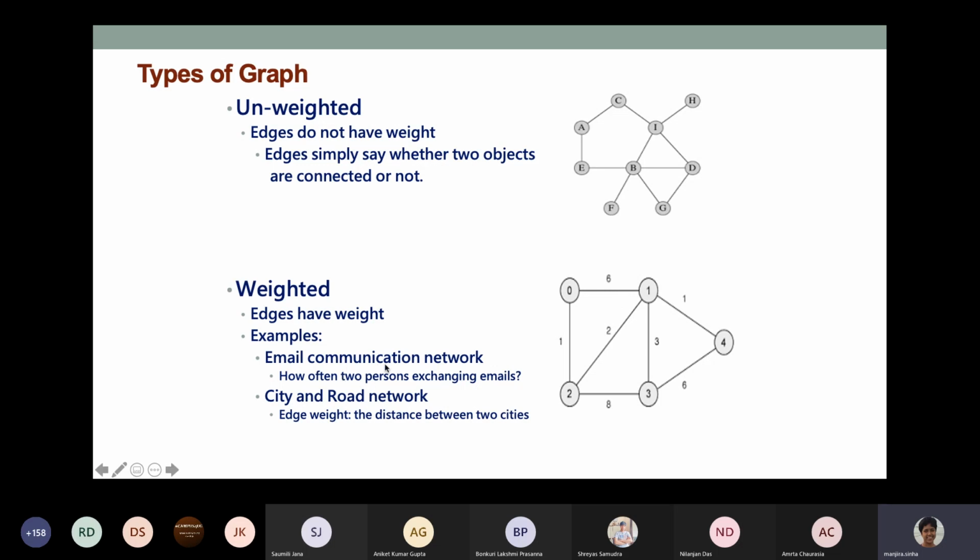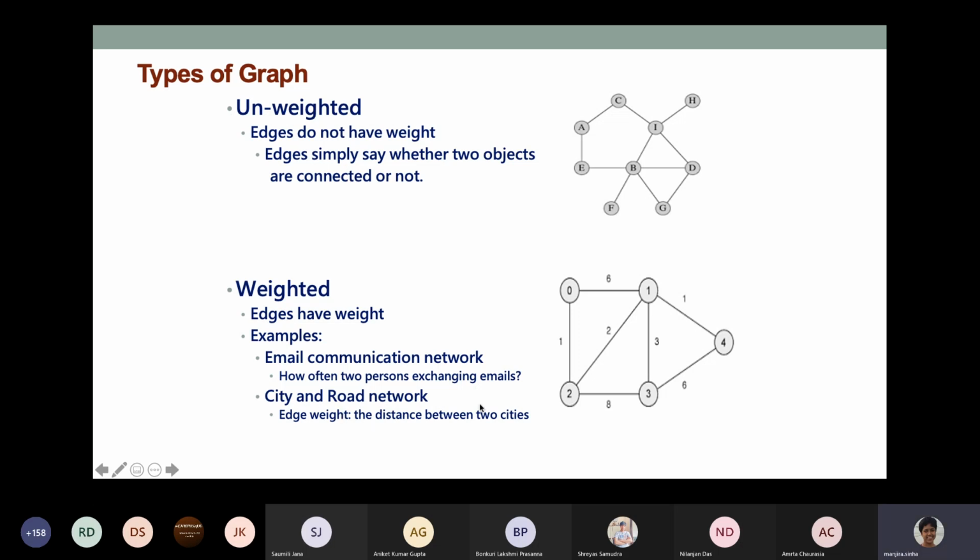Like in an email communication network, say A and C are two persons, and A and C communicate a lot more often than A and E. In both cases there is a connection with A. C is connected, E is also connected. But let's assume this AC edge has weight 6 and this AE edge has weight 1. That means the AC communication channel is more important, more frequently used, or more interaction is happening than AE.